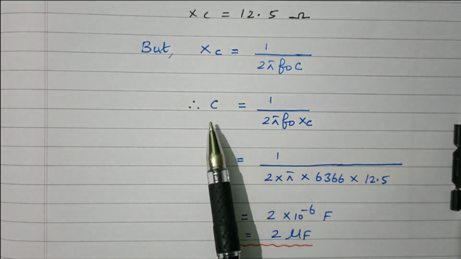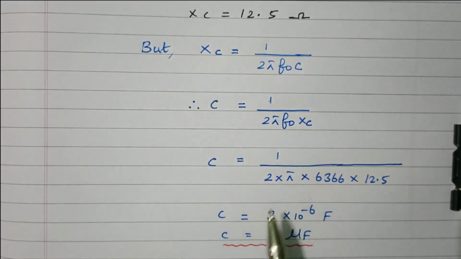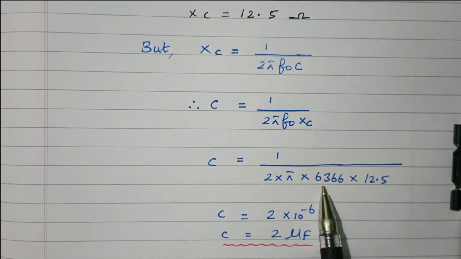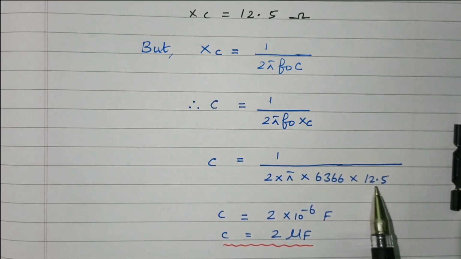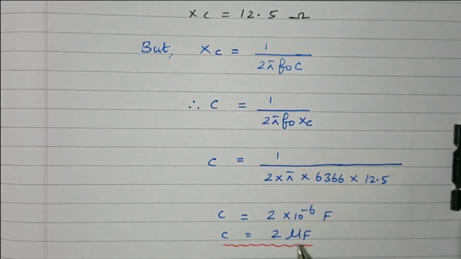So C equals 1 divided by 2 pi f naught into Xc. So 1 divided by 2 into pi into the resonant frequency 6366 into 12.5, since we calculated Xc as 12.5. While simplifying we got 2 into 10 to the power minus 6 farad. That is nothing but 2 microfarad.